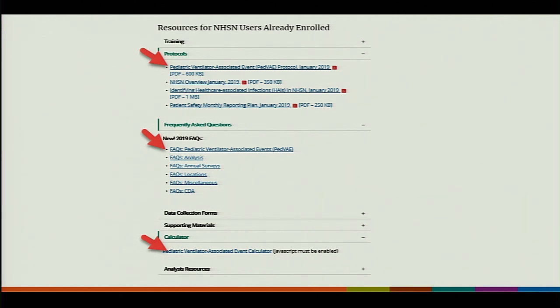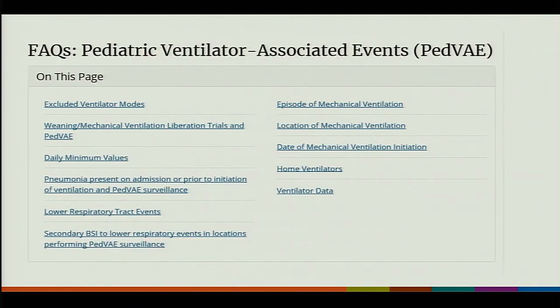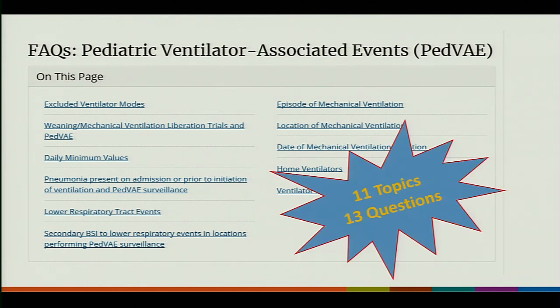The protocol, of course, you'll find under the protocol section. You'll find FAQs that are specific to pediatric VAE, and you'll also find access to the calculator. Now, the FAQs, there are 11 topics, and within those 11 topics, there are 13 questions.